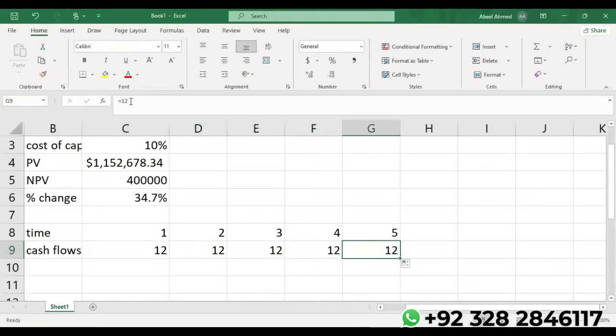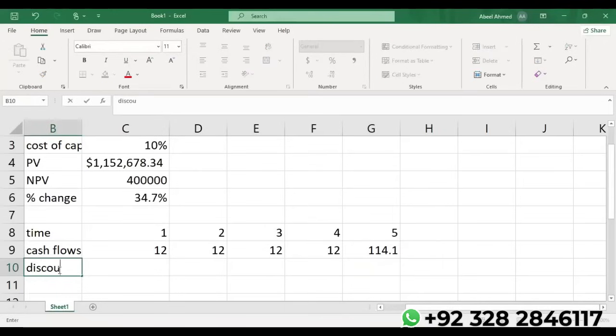In the last year, it will be 12 plus the conversion value, which is 102.1. Discount rate is pre-tax cost of debt, which is 10%. Now, very easily we can calculate market value of debt.